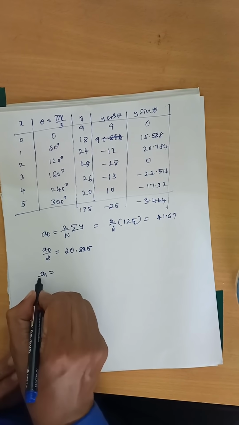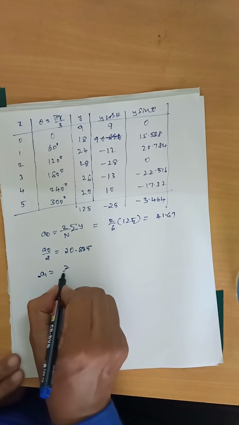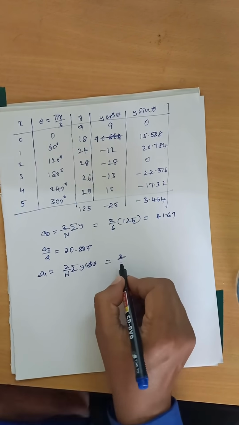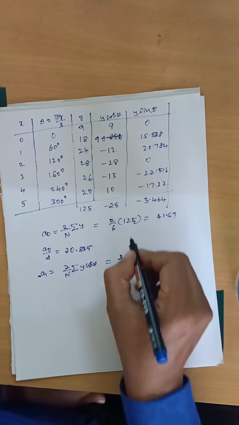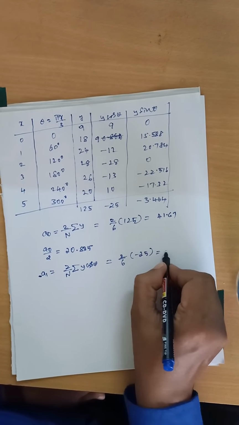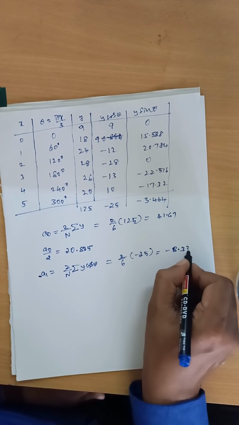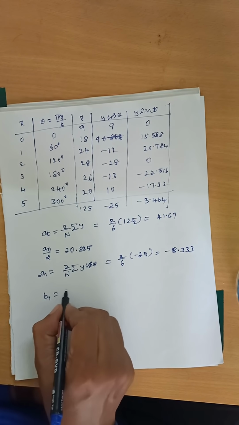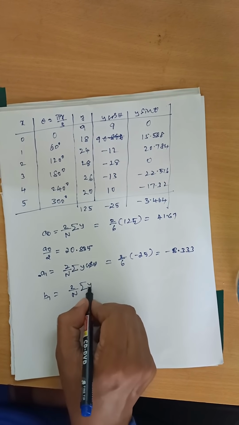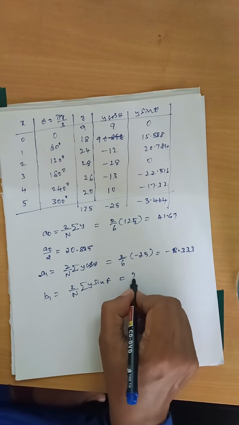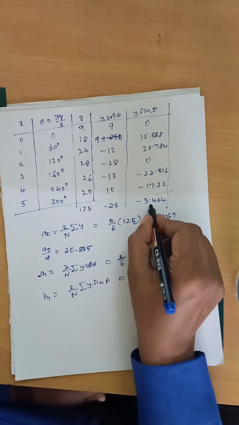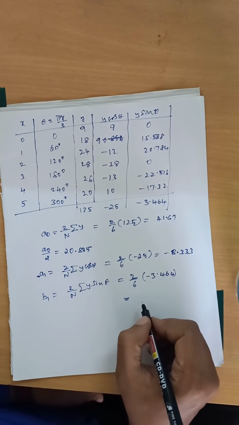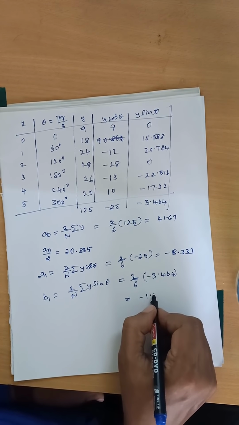Next, A1 formula is 2 by n summation y cos theta. 2 by n is 6, summation y cos theta is minus 25, that is minus 8.33. B1 is 2 by n summation y sin theta, that is equal to 2 by 6, summation y sin theta is minus 3.464, is equal to minus 1.155.